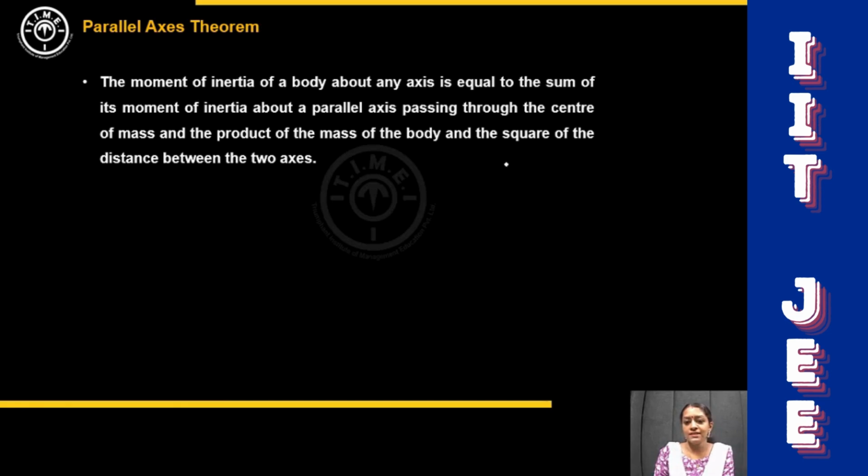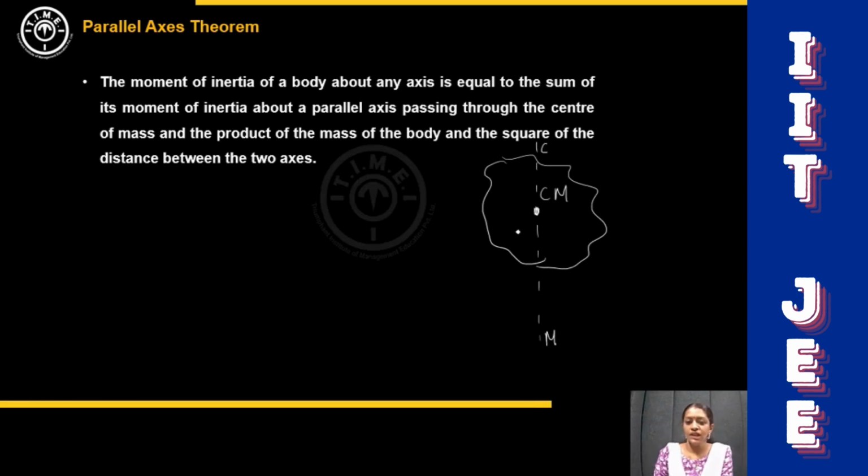See, let us consider a body of any shape. Okay, we are considering a system of particles, and let us consider that this point is the center of mass of the system. Now I am considering an axis passing through the center of mass. Let us name that axis as CM.